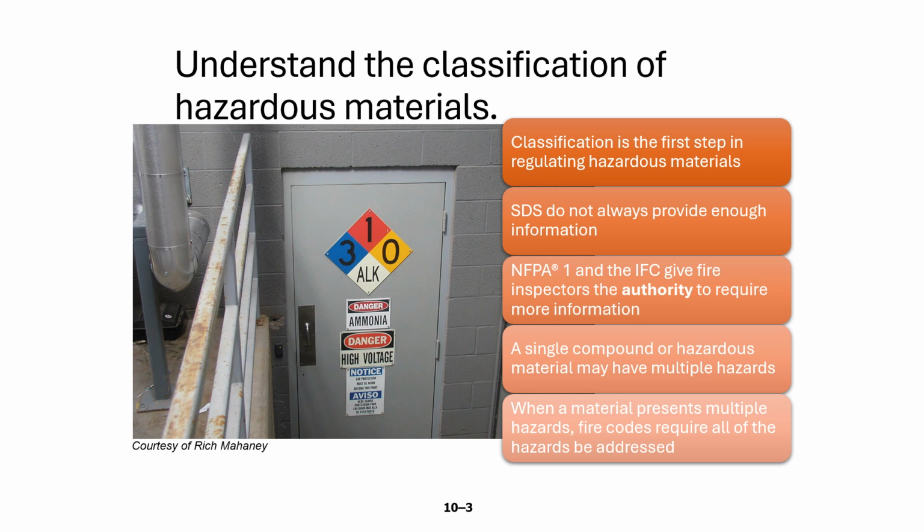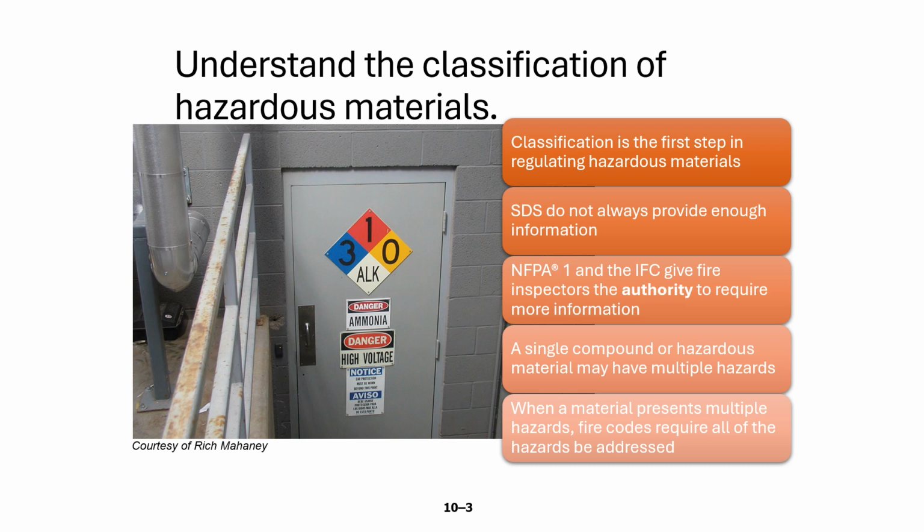It has toxic qualities. It's a corrosive liquefied compressed gas. So we would have to look into the International Fire Code to classify how it's going to be classified, and then also NFPA 55, which is a compressed gas code, and determine what some of the requirements for this material are.